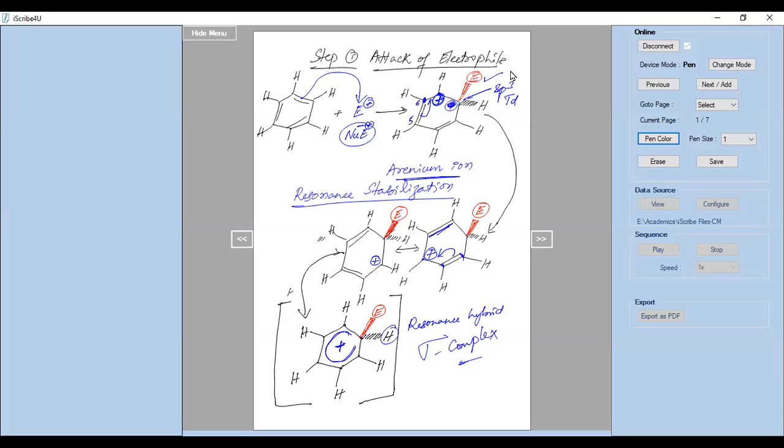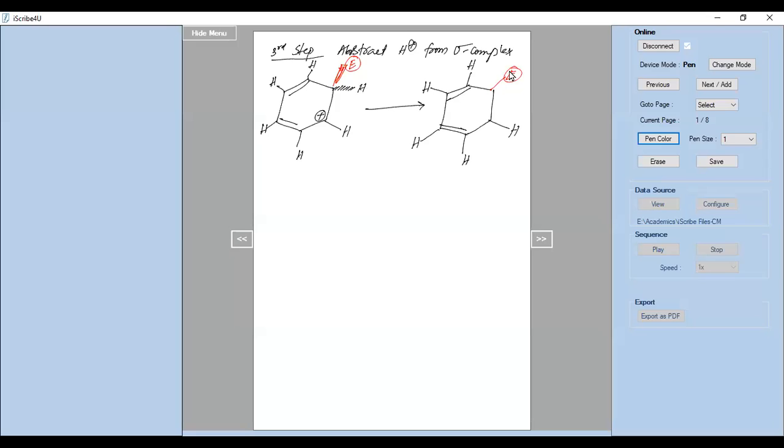Finally, the sigma complex loses this proton in the next step by reacting with the nucleophile, and these two electrons are going to form a pi bond between C2 and C3, resulting in the formation of a stable product that I'll show you in the next page. Then in the third step, the proton attached to the sp3 carbon, the second carbon, will be abstracted by the nucleophile. The nucleophile is the negative part of the reactant that we use for the electrophile.